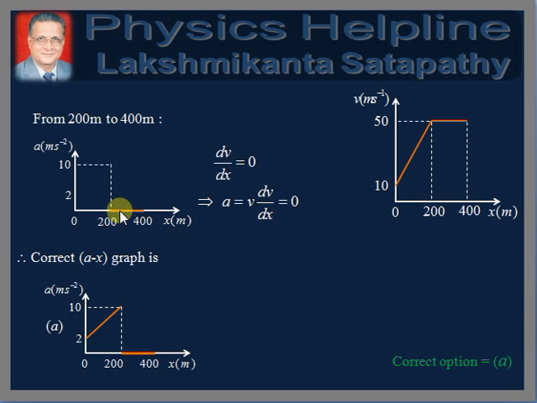Therefore, we have plotted the acceleration on the graph for the interval x is equal to 200 meters to 400 meters. We have already found the a-x graph between the interval 0 to 200, and now for 200 to 400, combining the two, we get the correct acceleration displacement graph for the motion of the bicycle. Therefore, the correct option is A.